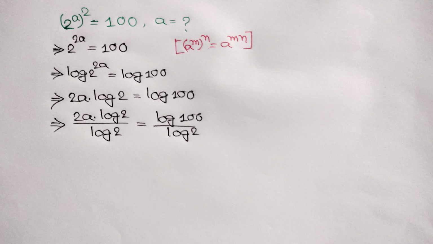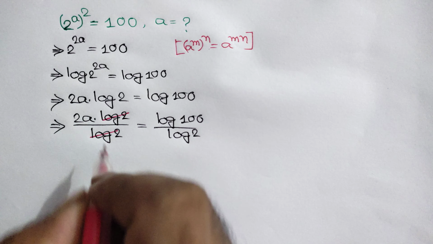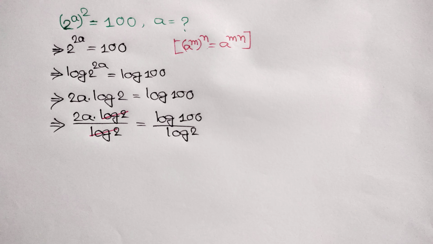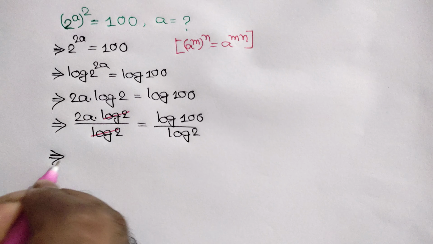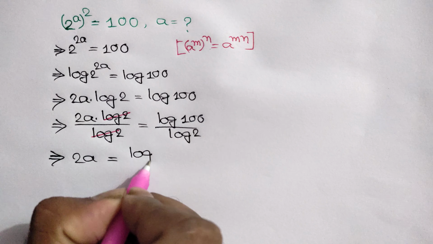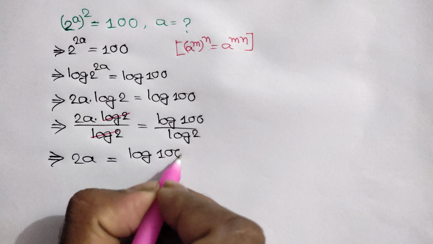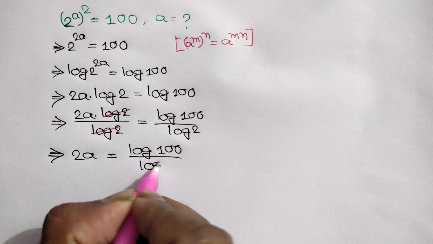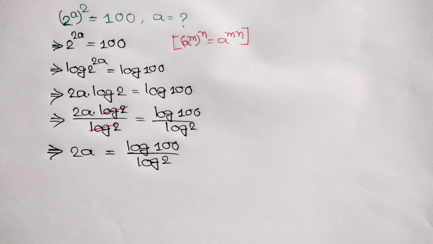Now this log of 2 cancels out this log of 2, so we will get 2a is equal to log of 100 over log of 2.